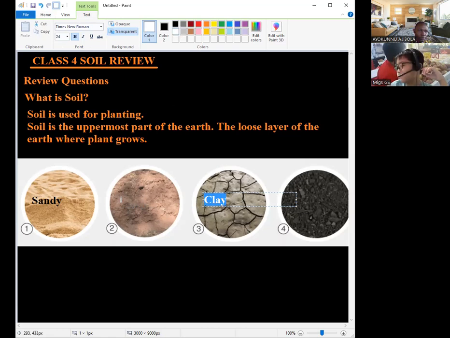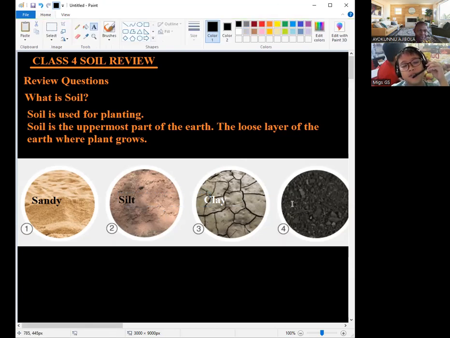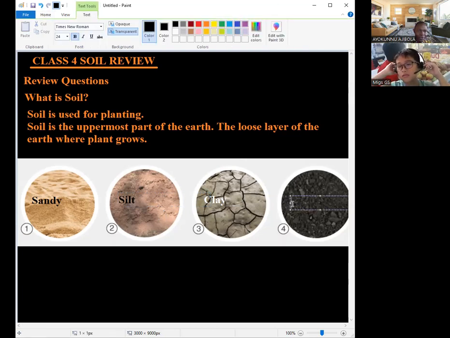But what about this second one? What do we call it? This number two is brown soil, but it's silt. Yes, silt soil. And the last one is what?